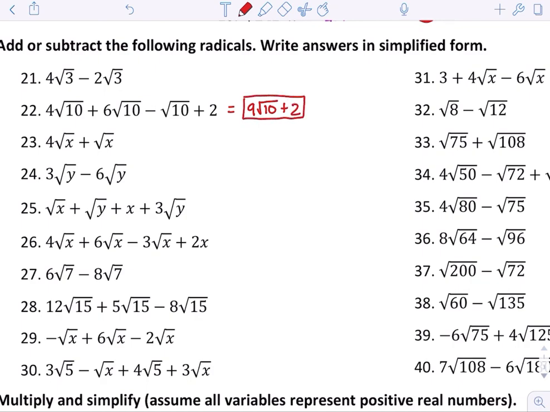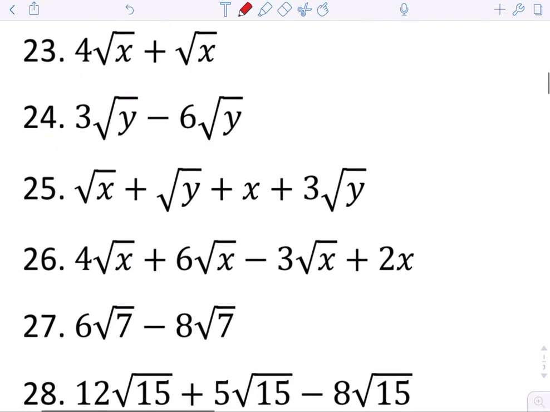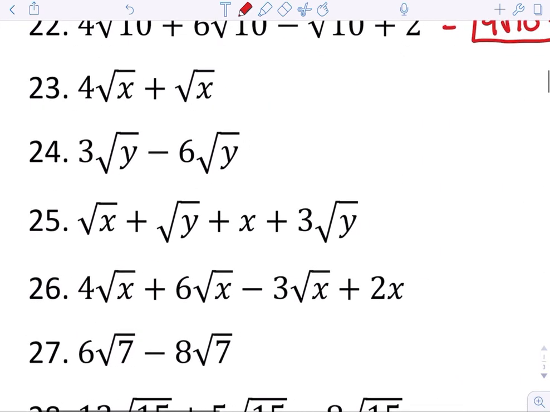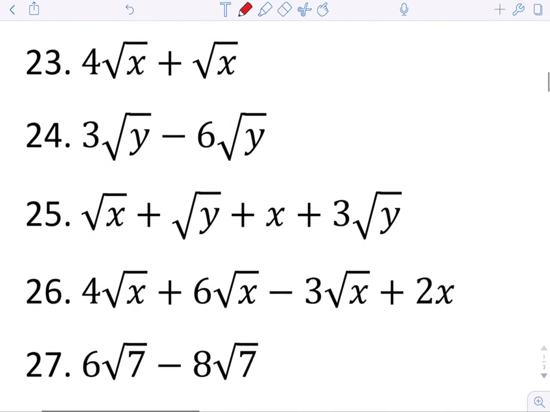All right. 24. Both of those have the same root, which is 2, and the same radicand. So 3 minus 6 is basically negative 3 radical y.